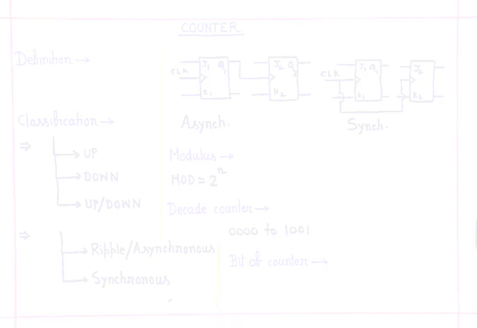That means each flip-flop represents a single bit. In case of 3-bit counter, you have total 3 flip-flop. In case of 4-bit counter, you have total 4 flip-flop.